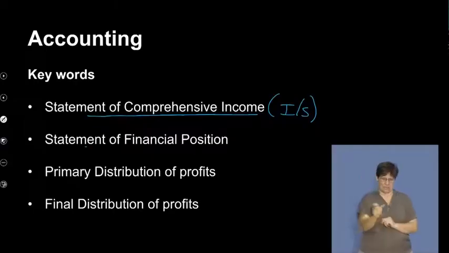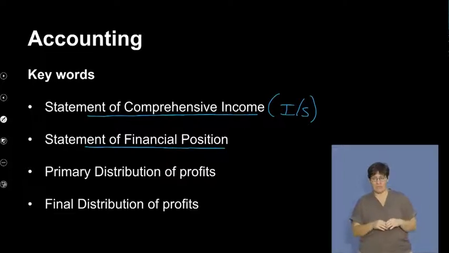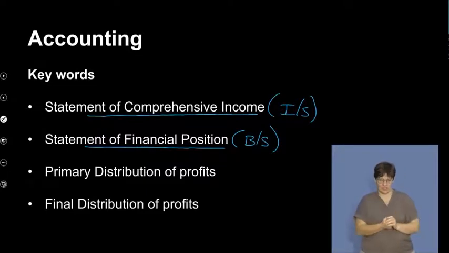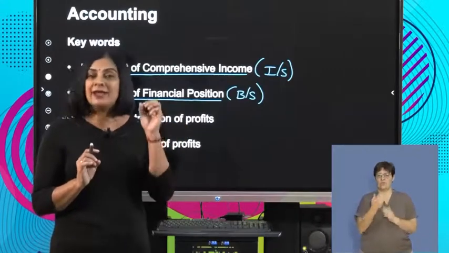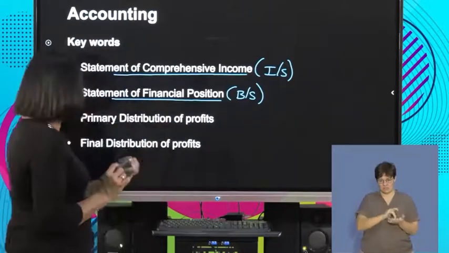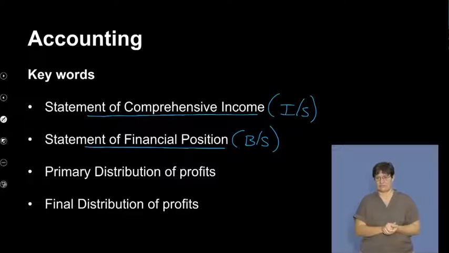Similarly, statement of financial position. Previously, we referred to this as the balance sheet, but remember the name has now changed and we need to get used to the new terminology, statement of financial position. Right, then another key word that you're going to come across, primary distribution of profits.